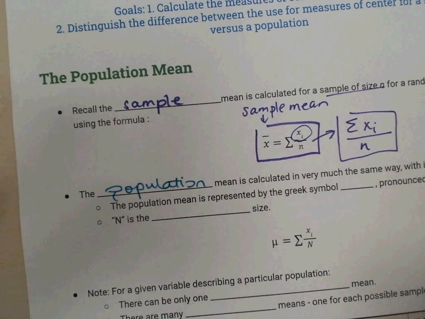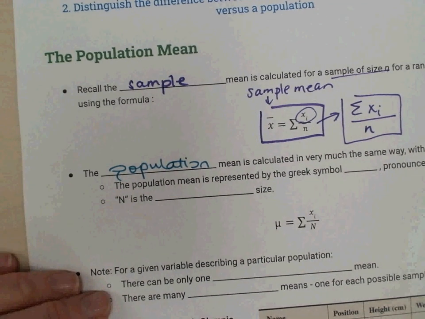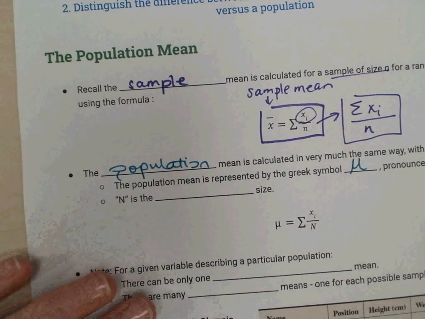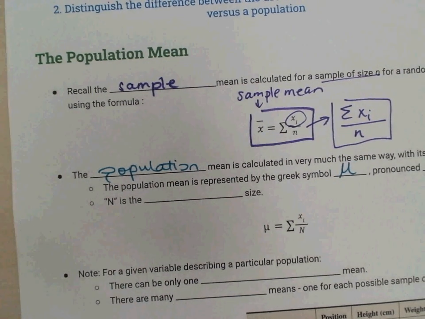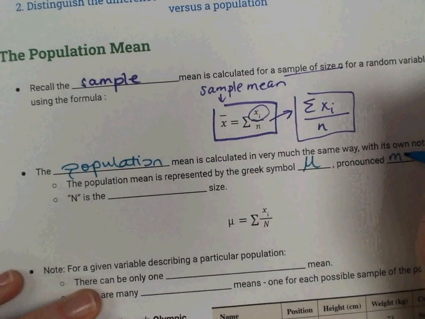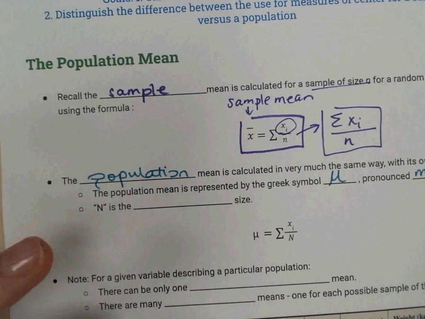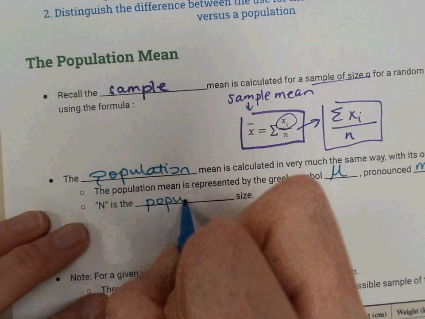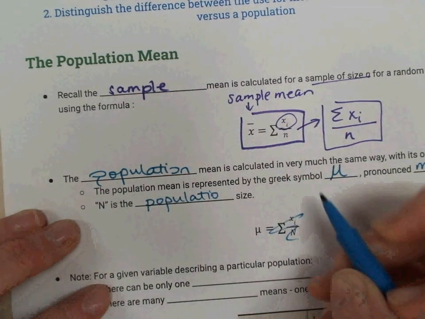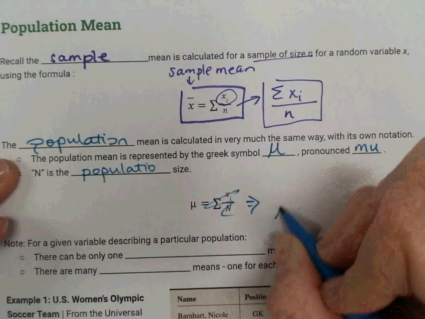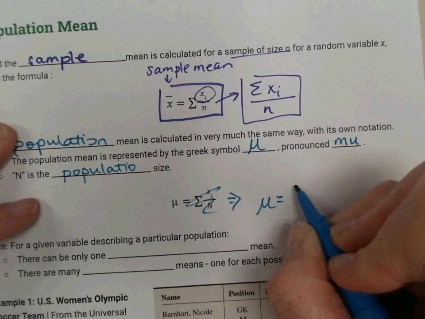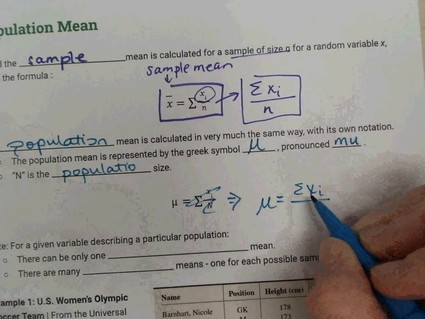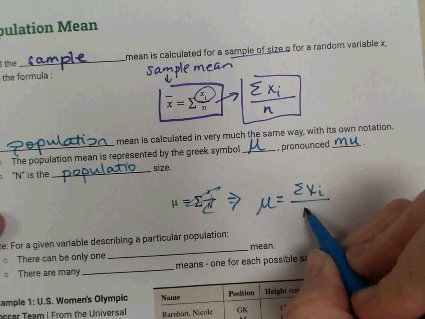So the population mean is represented by the Greek symbol, lowercase m, pronounced mu, where N, the capital letter N, is the population size. And again, we'll have to rewrite this. Mu equals the sum of all of the observations divided by the population size.